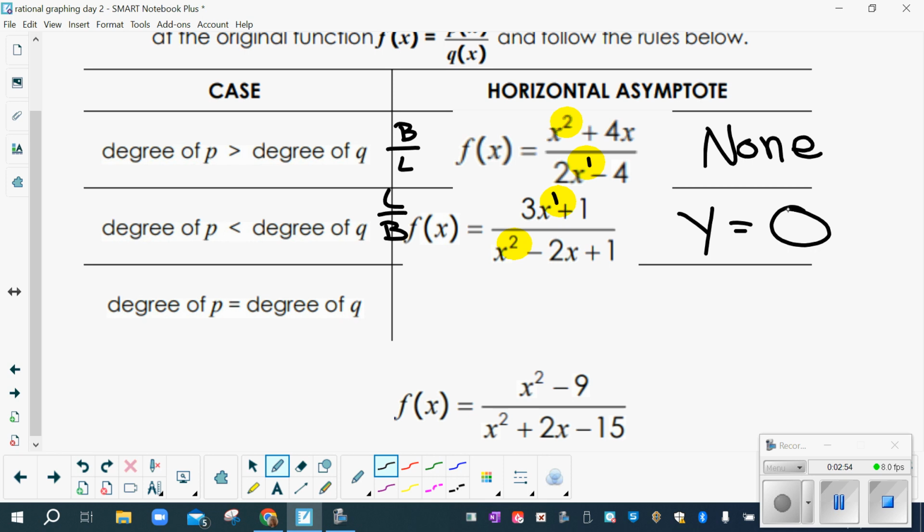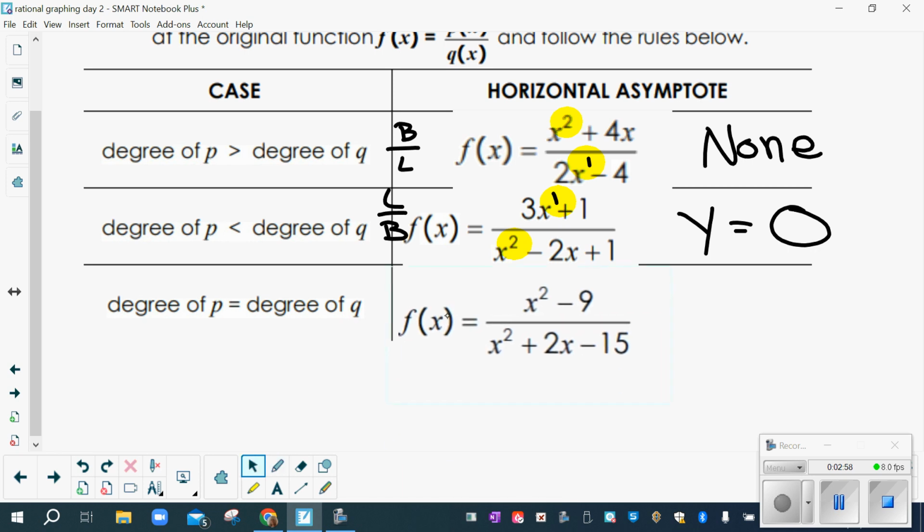Now, sometimes they are the same. They're evenly matched, right? They're even Steven. And in that case, there is going to be an asymptote, but it's really kind of cool how I find it. I don't do any math because I'm lazy like that.